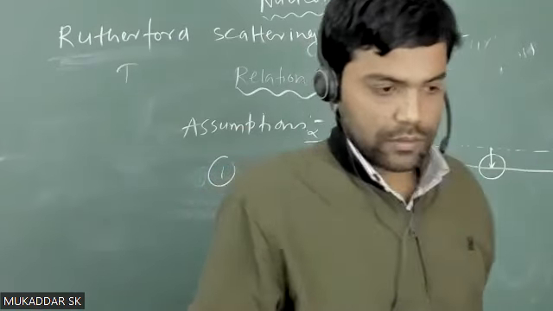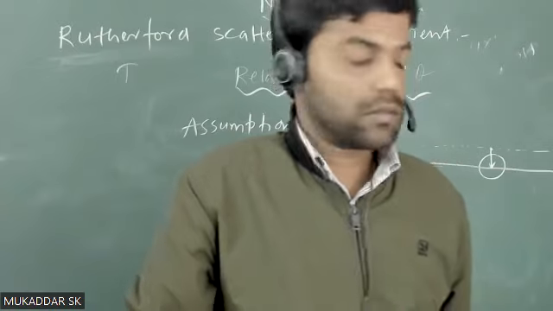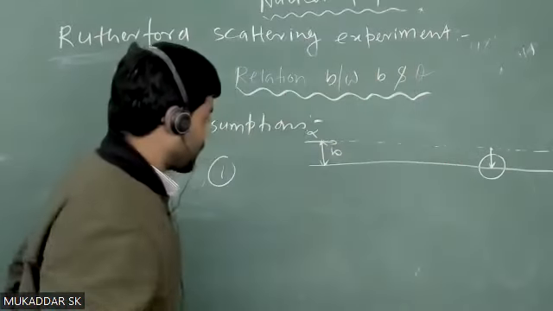So basically, he derived the relation between impact parameter and scattering angle, and to derive that, he assumed two things. One, alpha particle and target nucleus both are point charges. Second, the mass of target nucleus is very high, so after scattering there is no shift in its position.